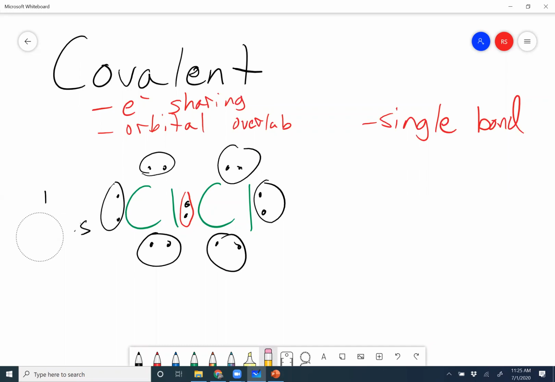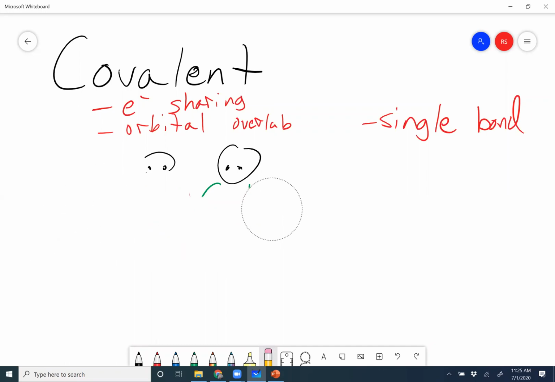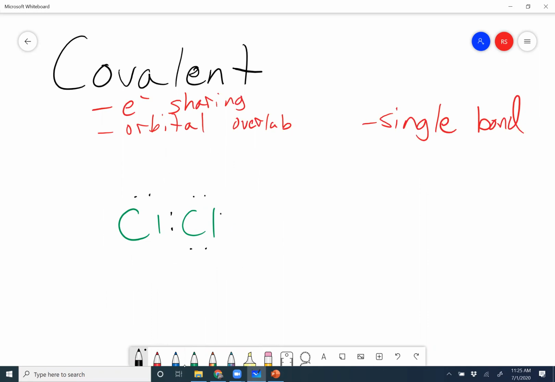When we get rid of all this mess that I drew over here, we have what's called a Lewis dot structure. So the two chlorines coming together with the dots around them like so is called a Lewis dot structure, or a dot diagram.